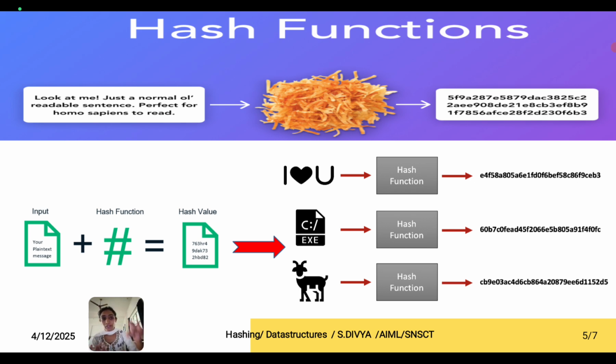You have a table of size 10, which means you can store only 10 data items, and you have a value that has to be stored in the table. How are we going to do this?